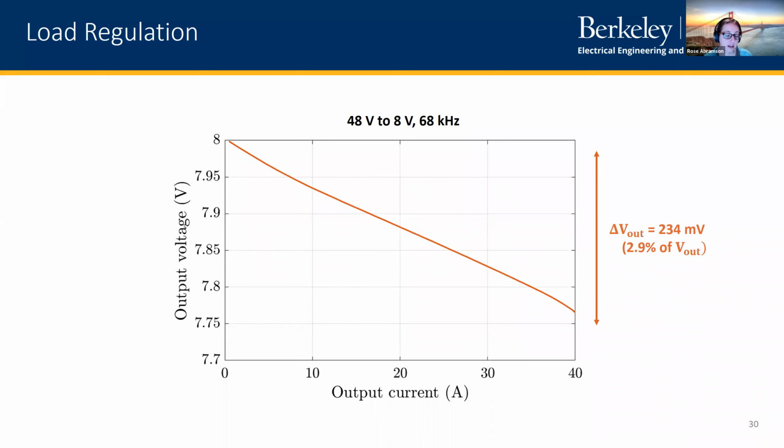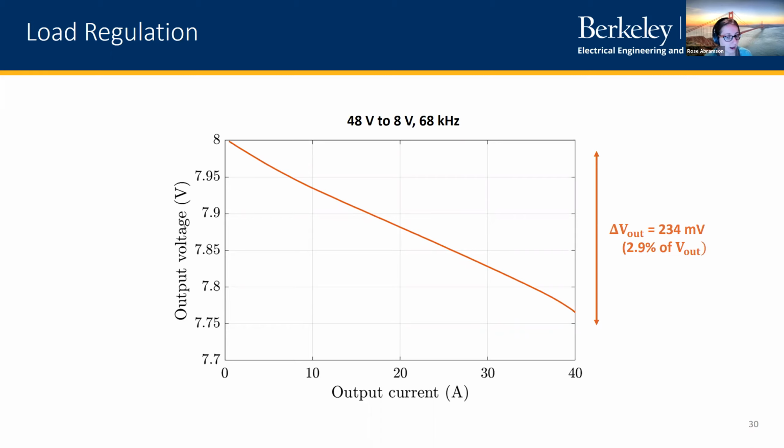But due to the fact that this converter overall is quite efficient, this decrease is not very big. If you look at the change in output voltage over the entire load space from 0 to 40 amps, that change is only about 234 millivolts, which represents 2.9% of V out.